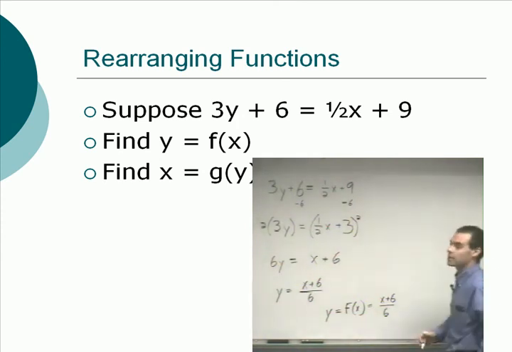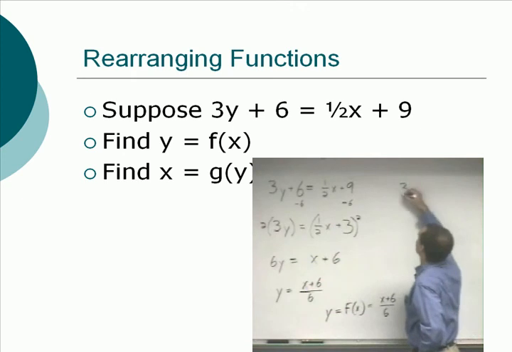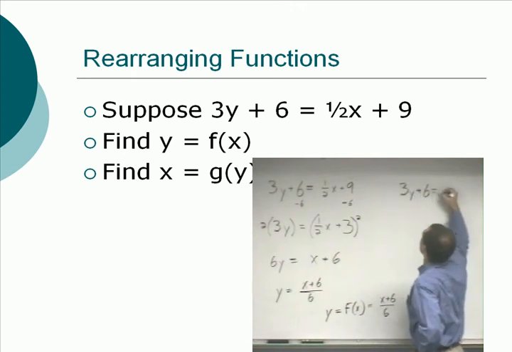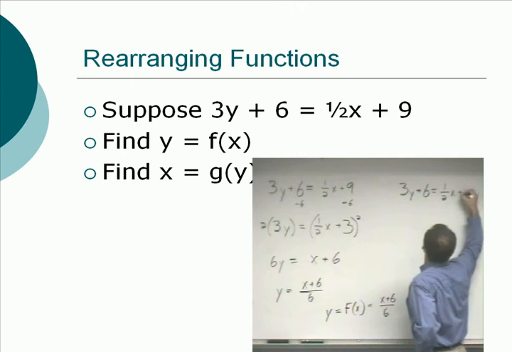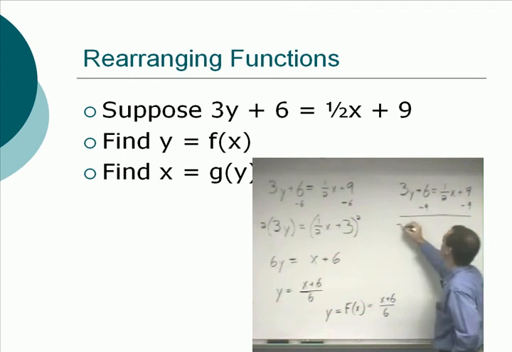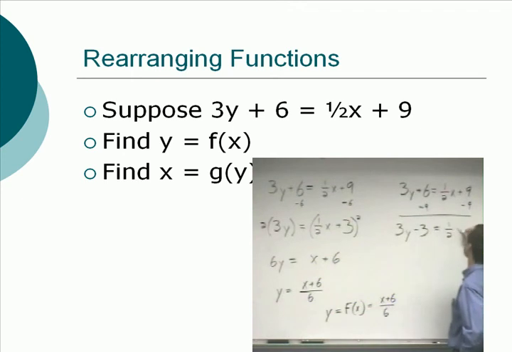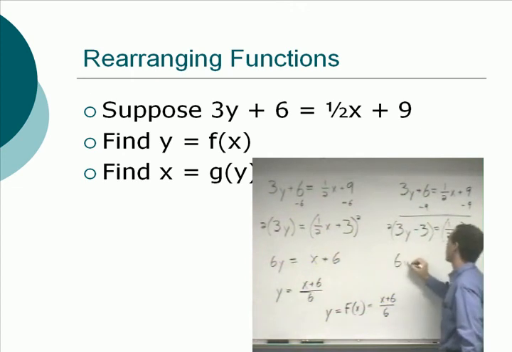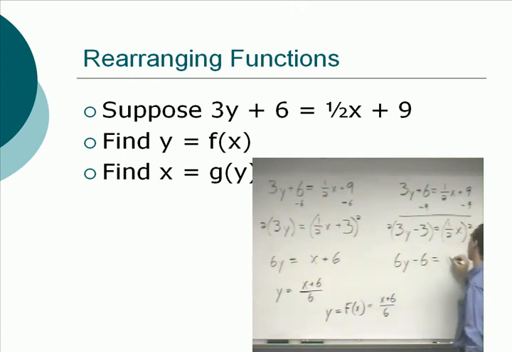Now let's go back and write it as a function of y. 3y plus 6 equals 1/2 x plus 9. Subtract 9 from both sides. We're going to solve for x now. 3y minus 3 equals 1/2 x. Multiply both sides by 2. And we get 6y minus 6 equals x.